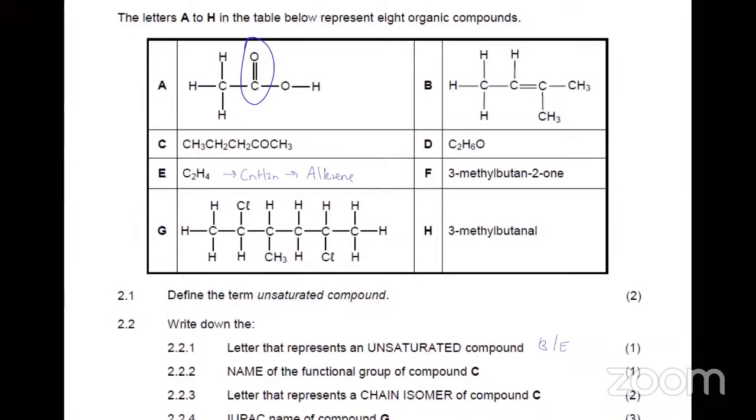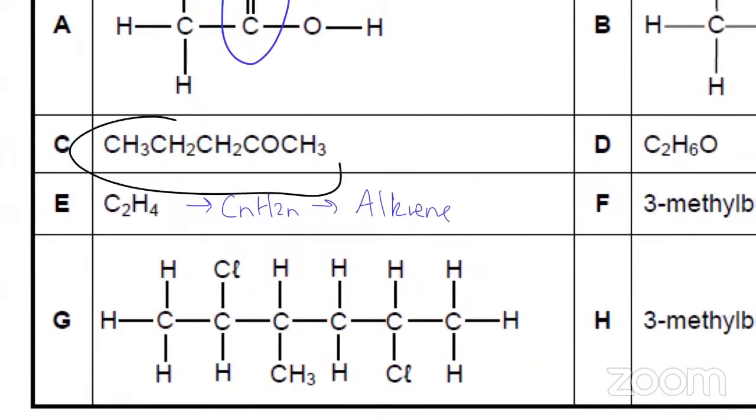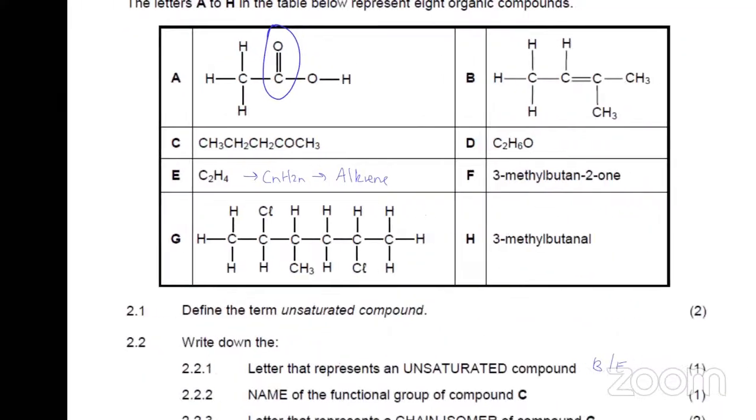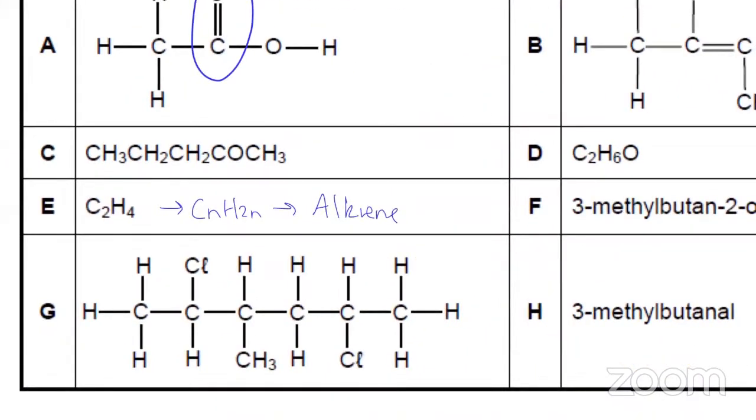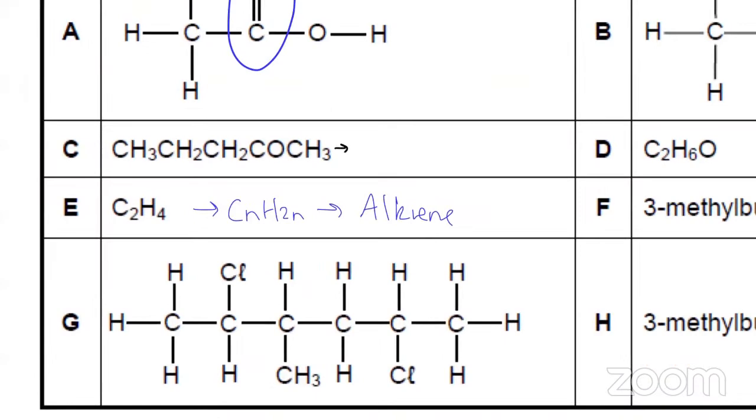Name the functional group of compound C. I said I'll do this with you guys because we draw it out. We have the semi-condensed structural formula, which we need to convert into a structural formula. That's pretty simple because you follow order. Let's start off with our first carbon. I can see that this first carbon has 3 hydrogens attached to it.